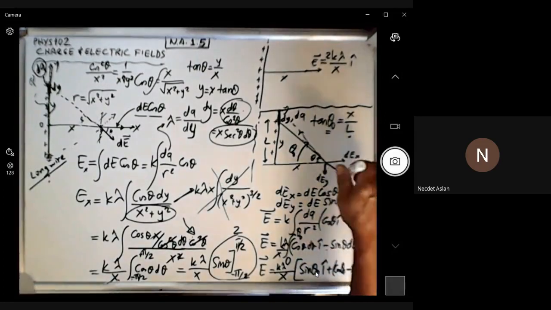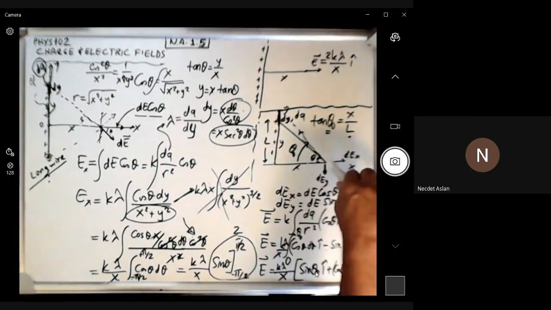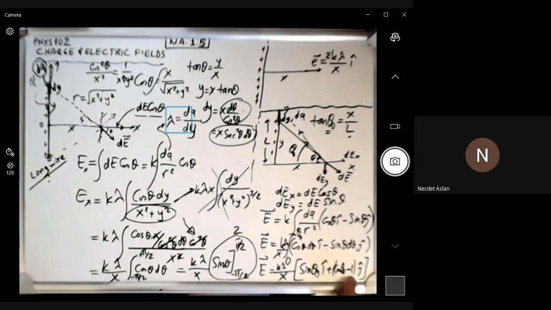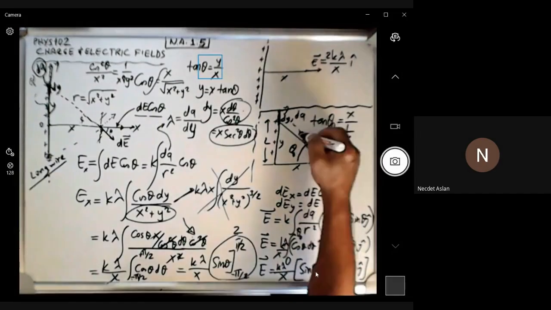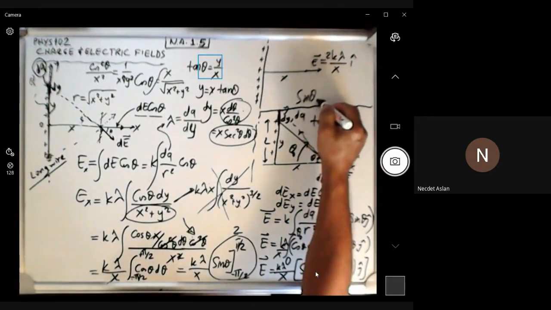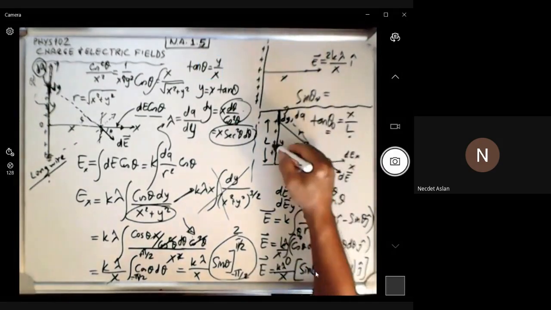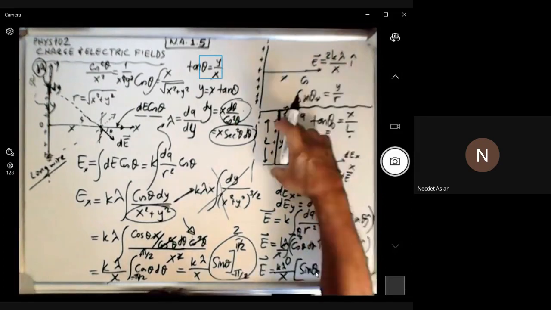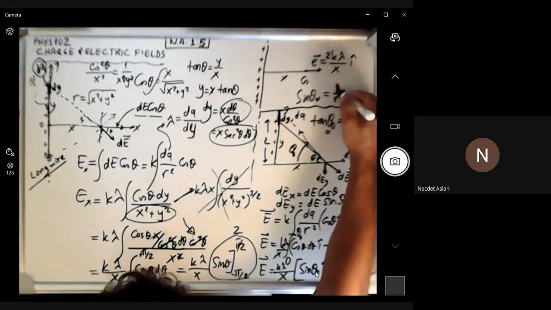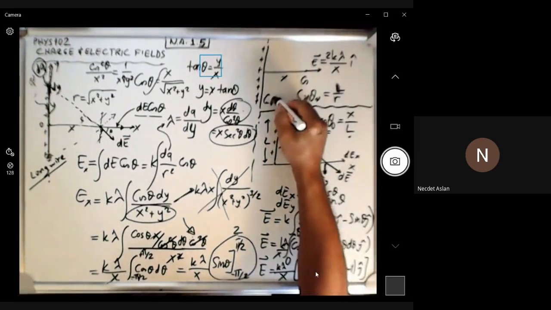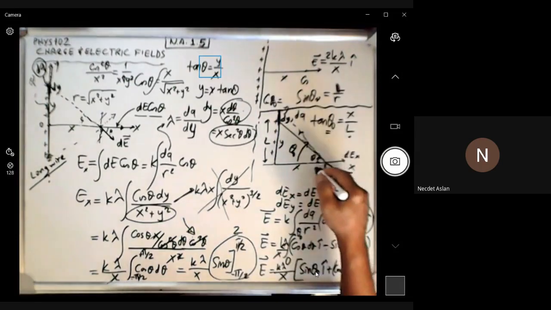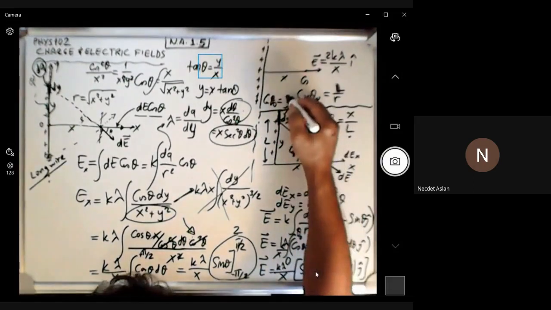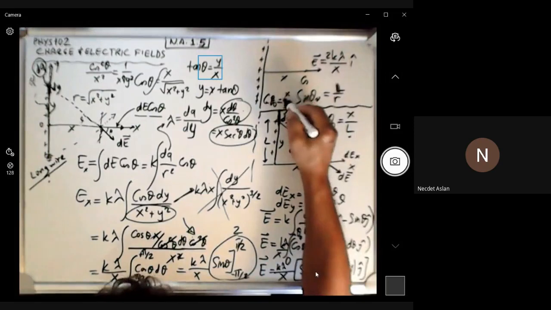So the total electric field for this one can be given only in terms of this. As you see, sine theta 0 is nothing but y over r, but instead of y, we have to use L because it's the maximum angle, so L over r, and cosine theta 0 will be equal to x over r.